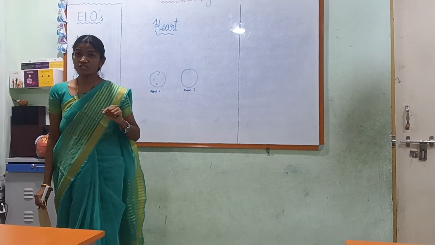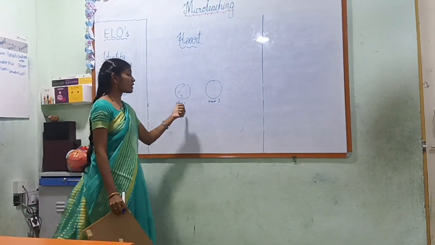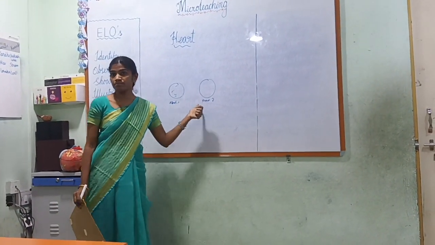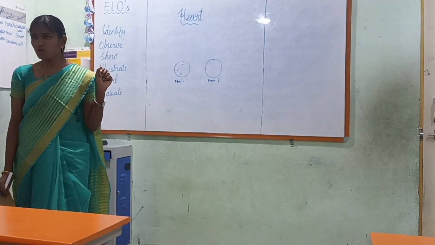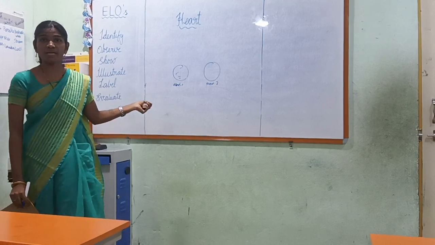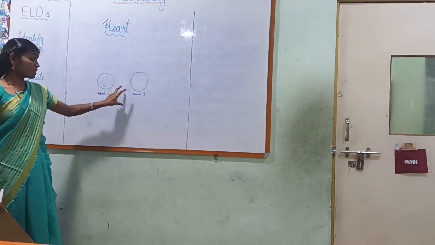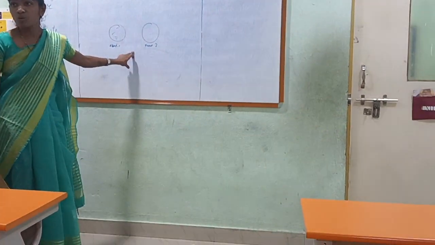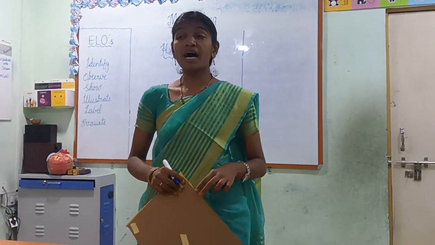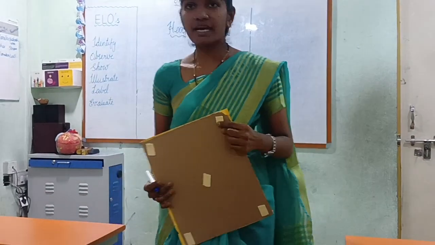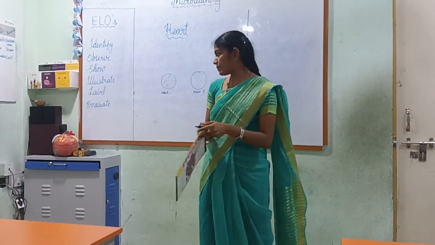Now your task is how can you carry the water from pond 1 to pond 2? Through the pipes? Through the buckets you will fill? No, we can't fill pond 2 with buckets. So we have to install a pump. In the same way, in our human body, the heart acts as a pump.